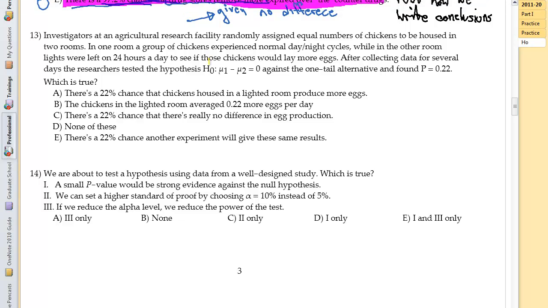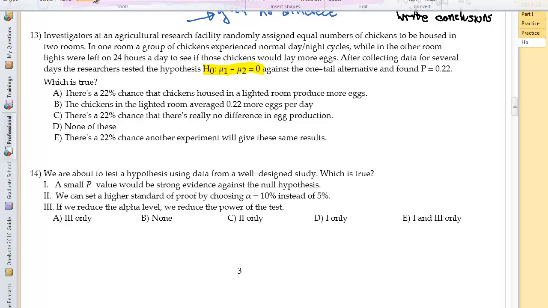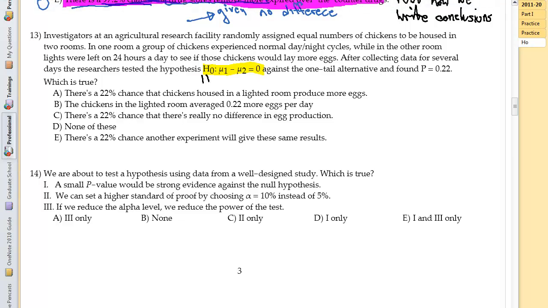So the null hypothesis is the light made no difference in the egg laying, against the one-tail alternative. All right, now let's actually write that, right? So our alternative hypothesis would be that mu1 minus mu2. Okay, now while the other room were left on to see if chickens would lay more eggs.